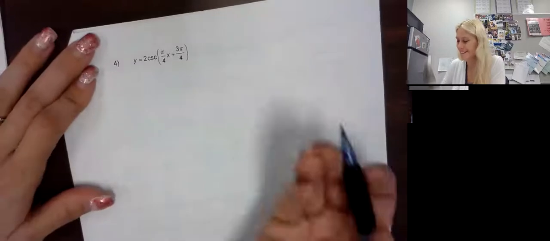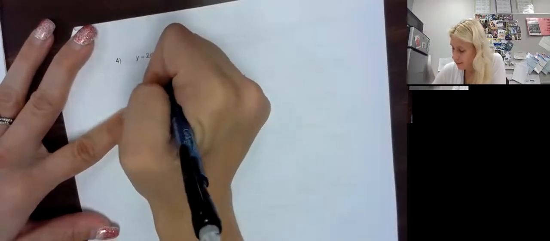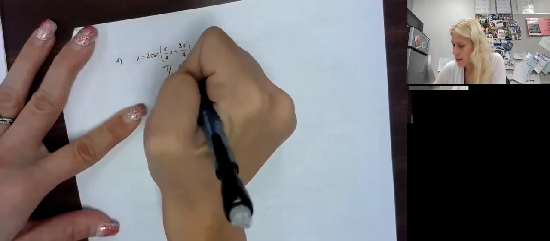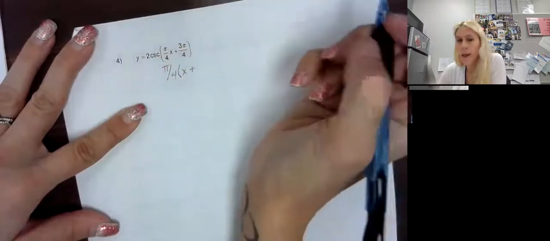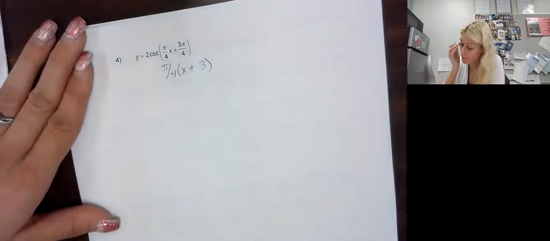One more and we're done. So this one I have to factor out again. I'm factoring out a pi over 4. So be careful right here. Pi over 4 times what is 3 pi over 4? 3. Okay.